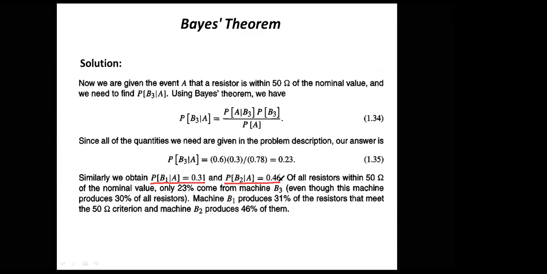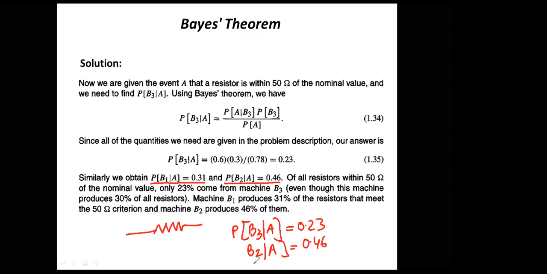So if I find an acceptable register, P(B3|A) is 0.23, P(B2|A) is 0.46, and P(B1|A) is 0.31. These are the probabilities that we can find out by using Bayes theorem.